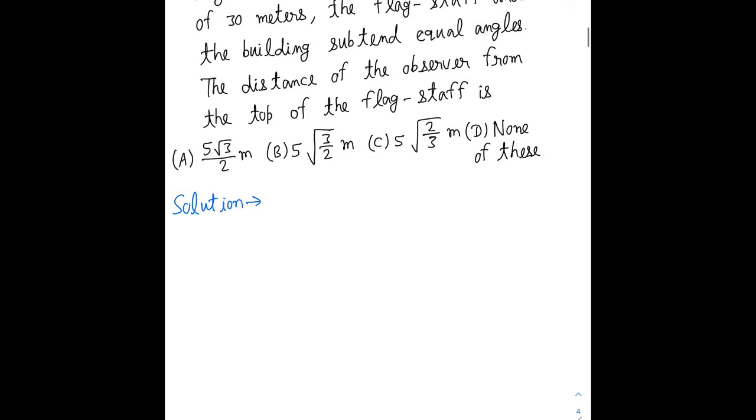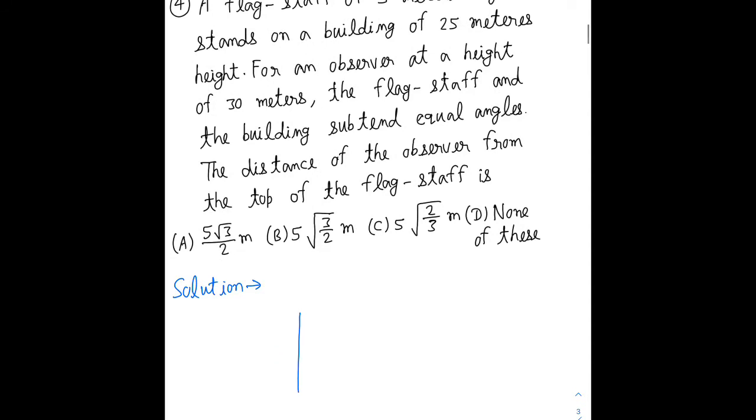So first you can plot a building. Building is having height 25 meter. Then flagstaff 5 meter. Then for an observer at a height of 30 meter, the flagstaff and the building subtend equal angles. Suppose the observer is over here.